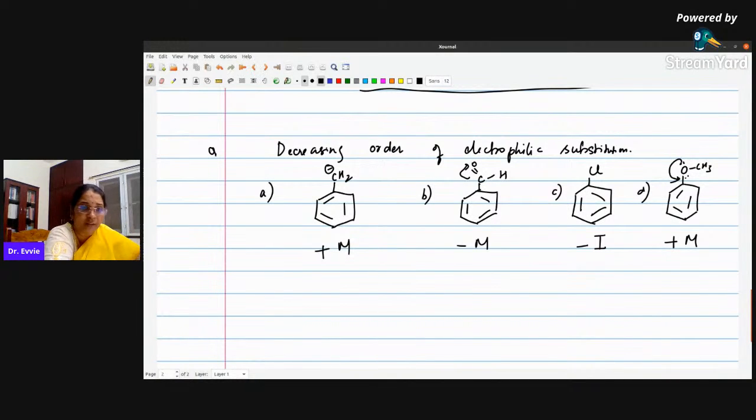Most of you got it right, so it will be A. Now you know the last one, that's an electron donating group, so plus M effect, so it will be B. Now between C and B, as I told you, C also shows plus M effect, but the minus I will be more prominent. So this will be C and this will be B. Okay, so this is the order.